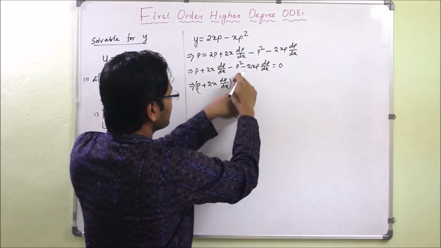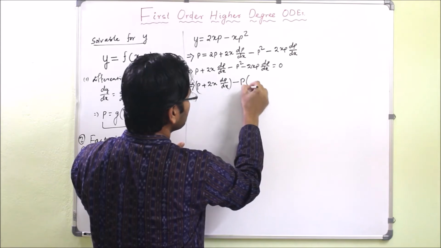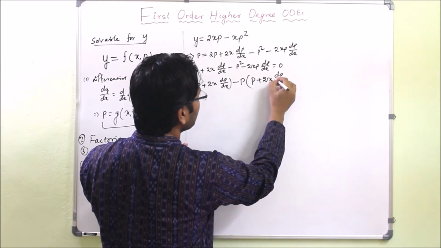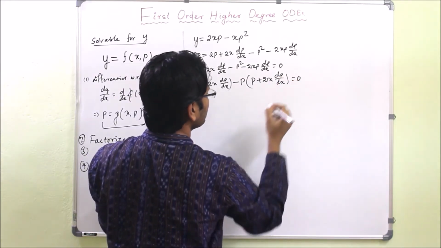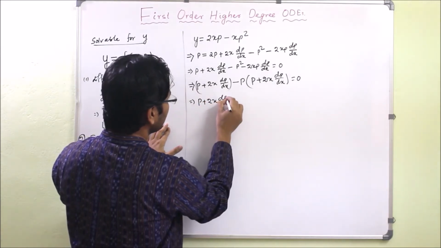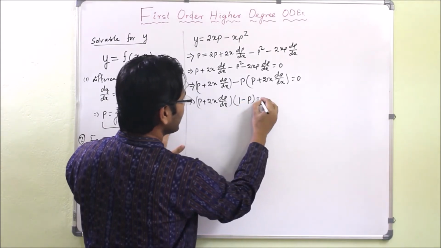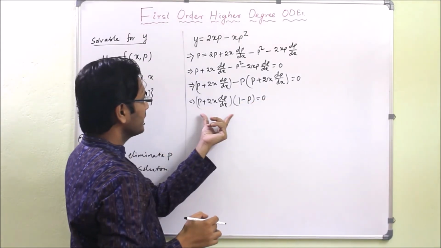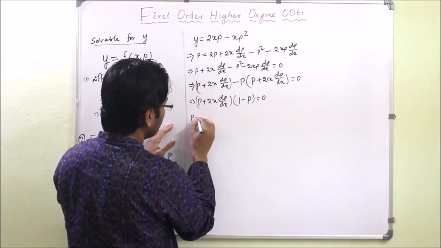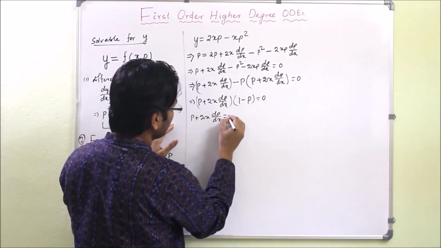So I can write it as p plus 2x dp by dx, whole into 1 minus p, equal to 0. Then we look at the first factor: p plus 2x dp by dx equal to 0.